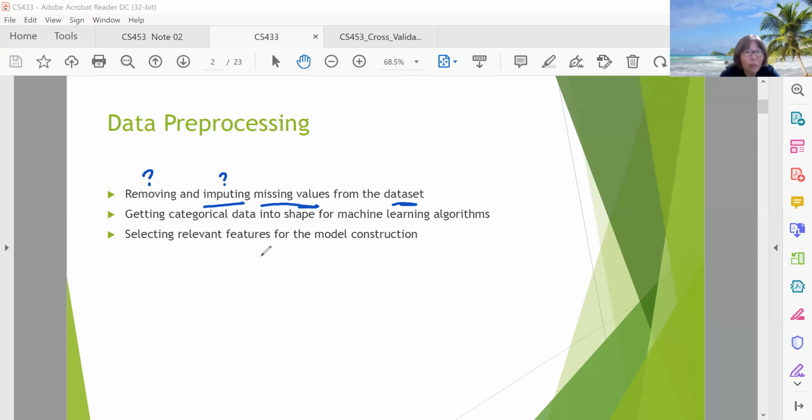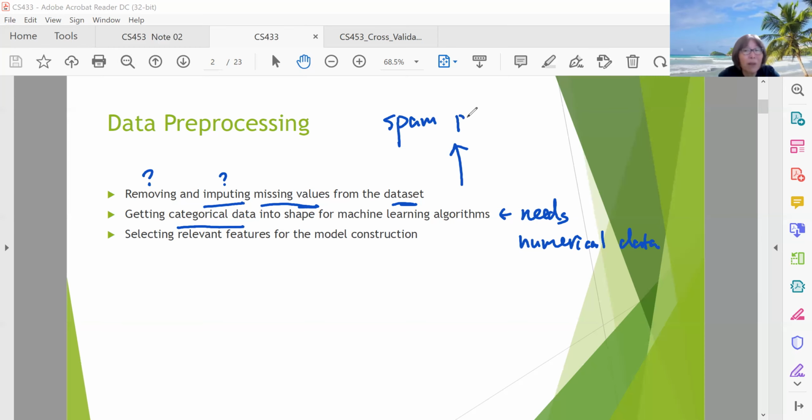The second thing is regarding categorical data. With all machine learning, we need numerical data. But a lot of the time in the real world, what you collect is not numerical data. If you recall previously, we learned spam prediction, and spam prediction involves words.